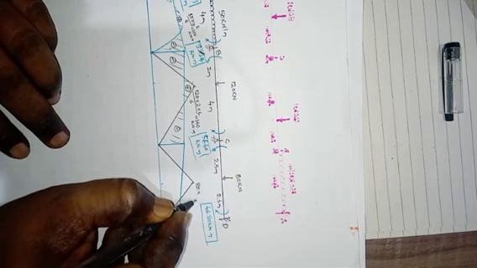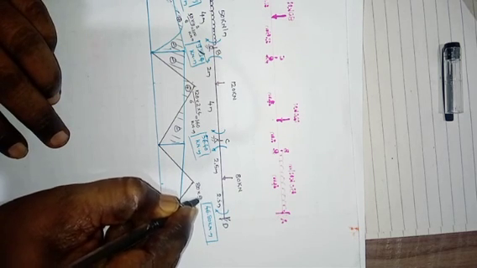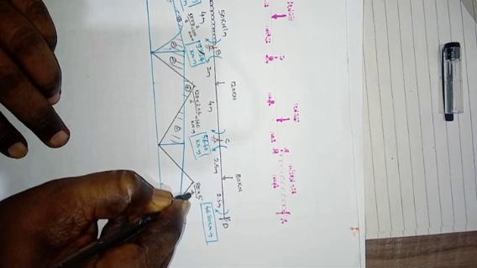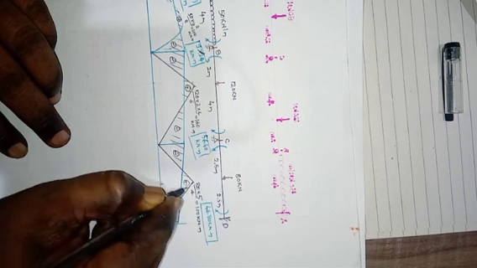At the center, it is subjected to a point load of 80 kilonewton, so the moment is W L by 4, which is 100 kilonewton meter. This one is a positive bending moment, and these are the negative bending moments.